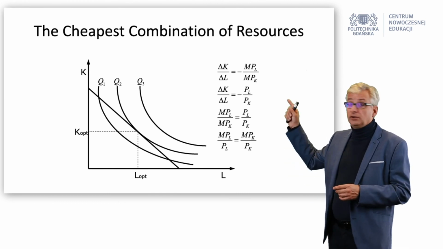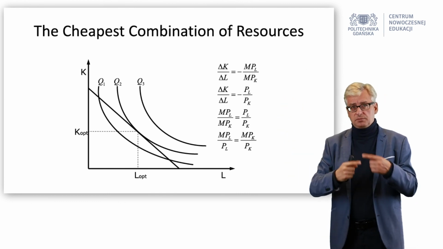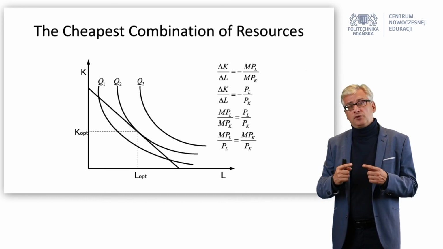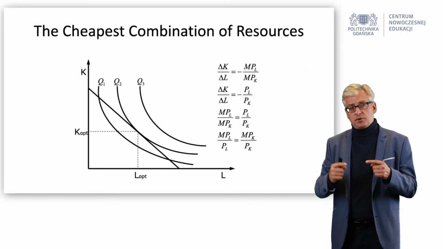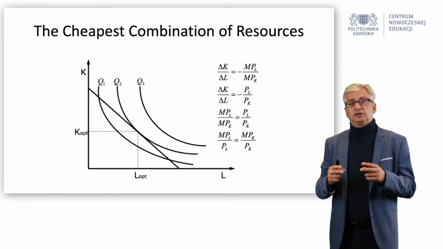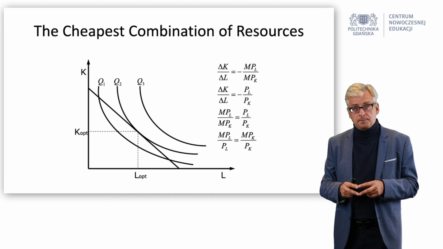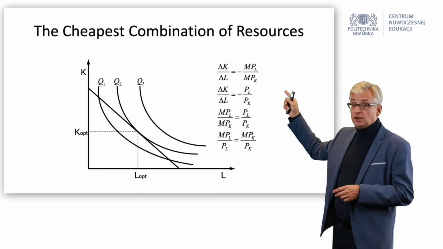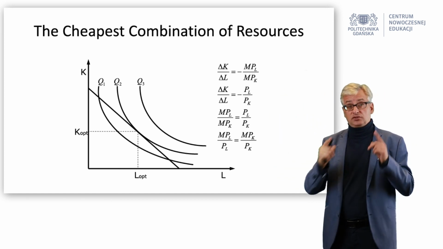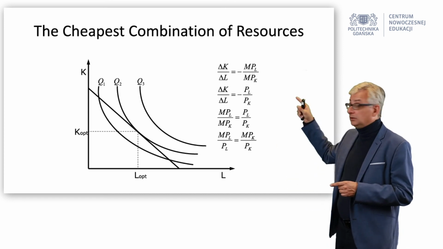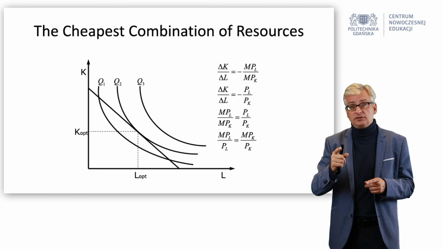Okay, and this point of intersection showing you the cheapest combination of resources is the point for which the slope of the isoquant and the slope of the isocost are the same. So look at the first equation. This first equation shows you the slope of the isoquant. The second one shows you the slope of the isocost.